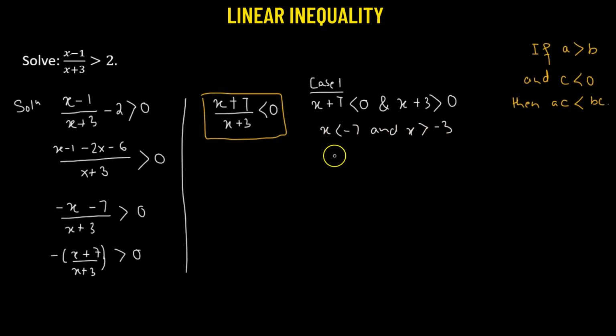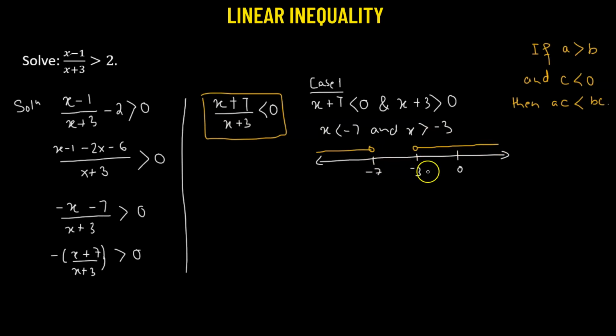Now we'll try to find out a common solution to this. We'll consider a number line. On the number line, we'll consider negative 7, negative 3, and 0. The first one is telling us that we have to consider all the values of x which is less than negative 7. So that means it's going to lie to the left of x = −7, and x greater than negative 3 means we'll have to consider all the values of x which is greater than x = −3, or that means values of x lying to the right of x = −3.